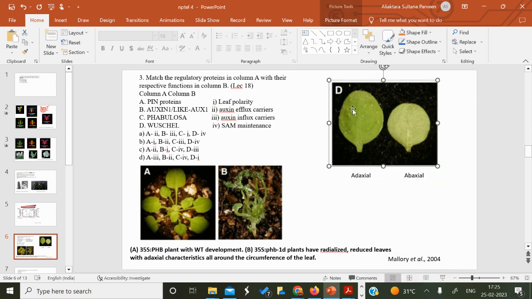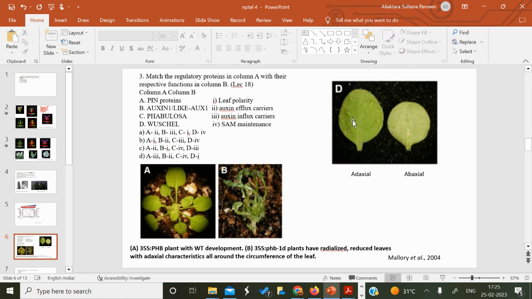So if you see this leaf, this is the Arabidopsis leaf. So this side and this side, can you see any difference between these two leaf pictures?